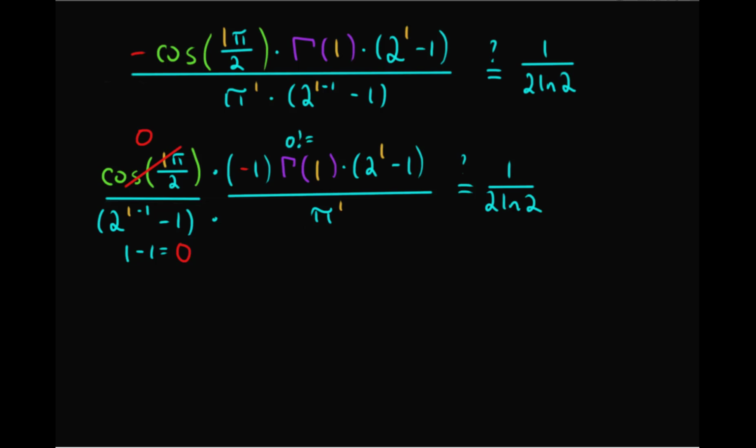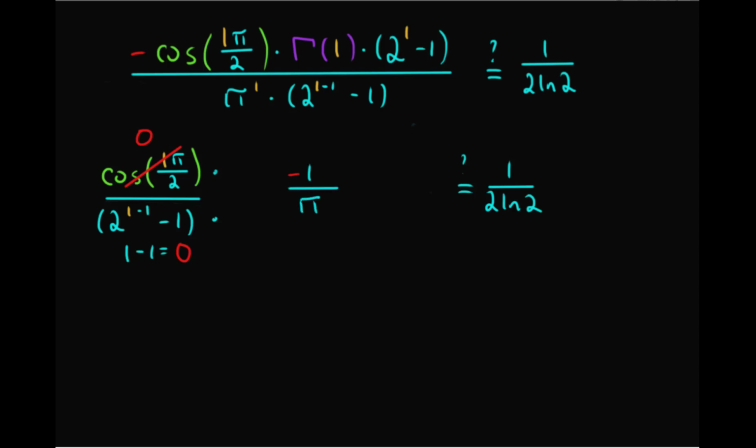I have negative 1 times gamma of 1. Gamma of 1 equals 0 factorial, which equals 1, times 2 to the first minus 1, so 2 minus 1, that's just 1. So the numerator is just negative 1. And then in the denominator, I just have pi to the first. So I have this 0 over 0 expression that we need to evaluate further, multiplying negative 1 over pi.